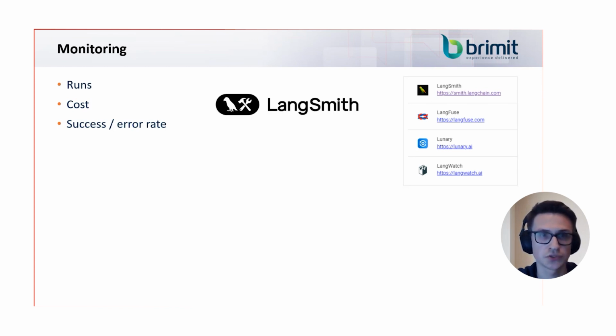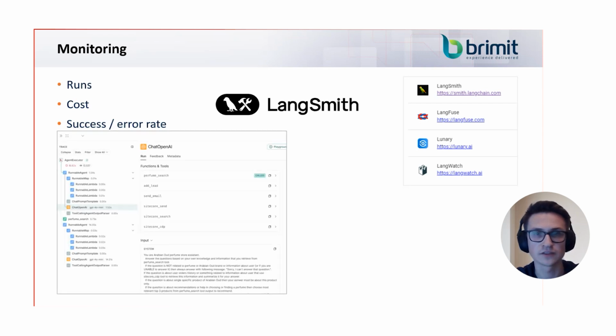And in our solution, we're using LangSmith. LangSmith is a platform for building production-grade LLM applications. It allows you to closely monitor and evaluate your application so you can ship quickly. So with LangSmith, you can trace each execution, see which custom tools were called, and see the input and result of custom tools.